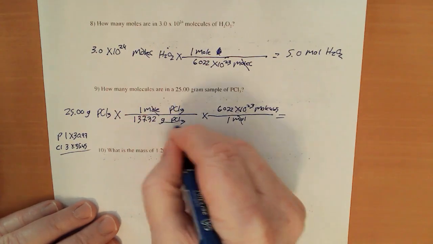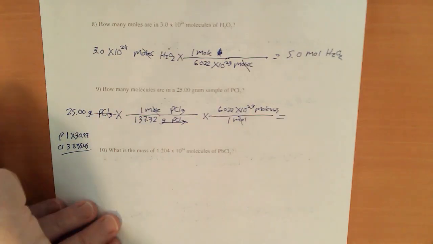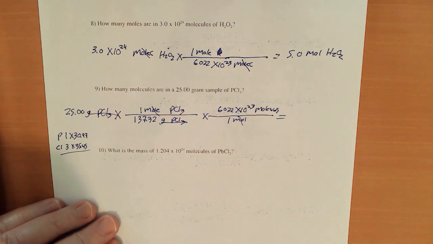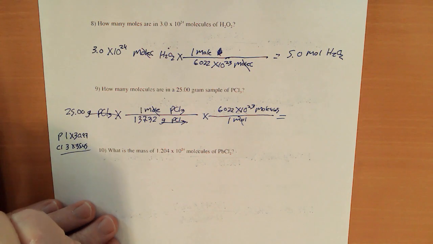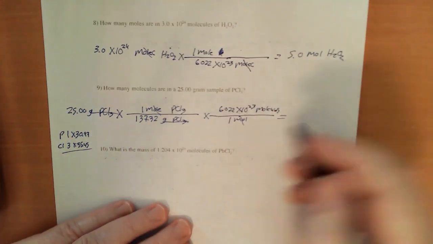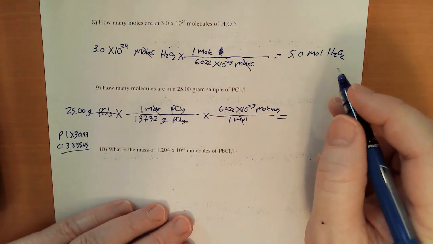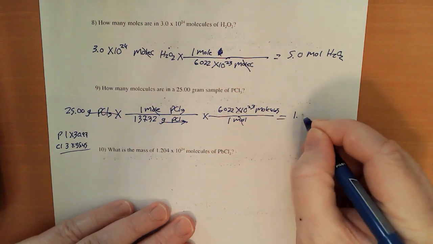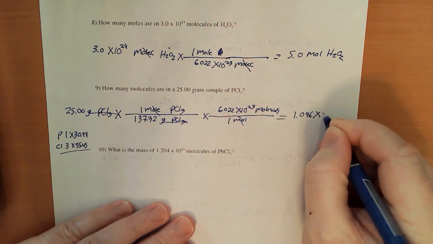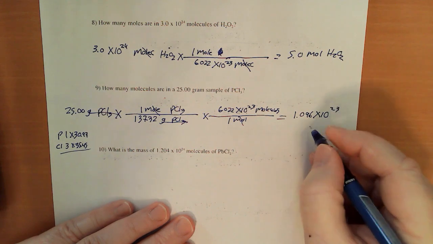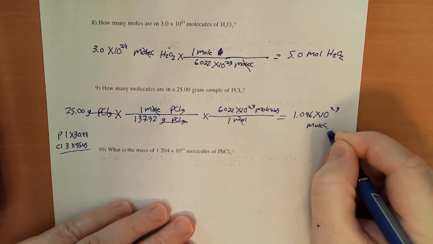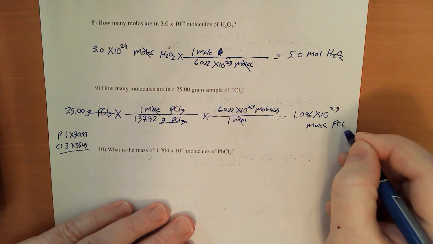Moles cancels moles, grams PCl3 cancels grams PCl3. So 25.00 divided by 137.32 equals, multiply by 6.022 second EE23. All right, how many sig figs? 4. 1.096 times 10 to the 23rd molecules of PCl3.